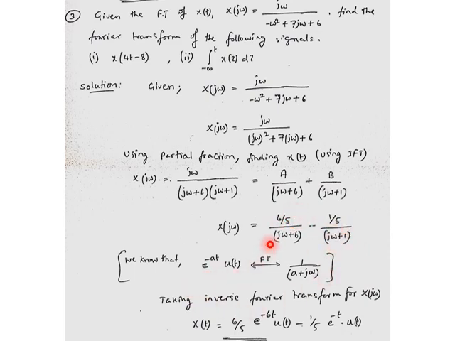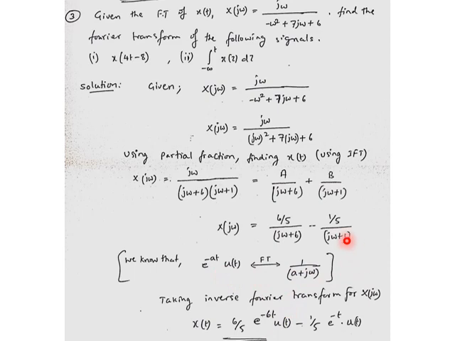By applying this formula, for the first portion we have a = 6 and for the second portion we have a = 1. So what we have after taking the inverse Fourier transform: 6/5 is a constant with e^(−6t) u(t).